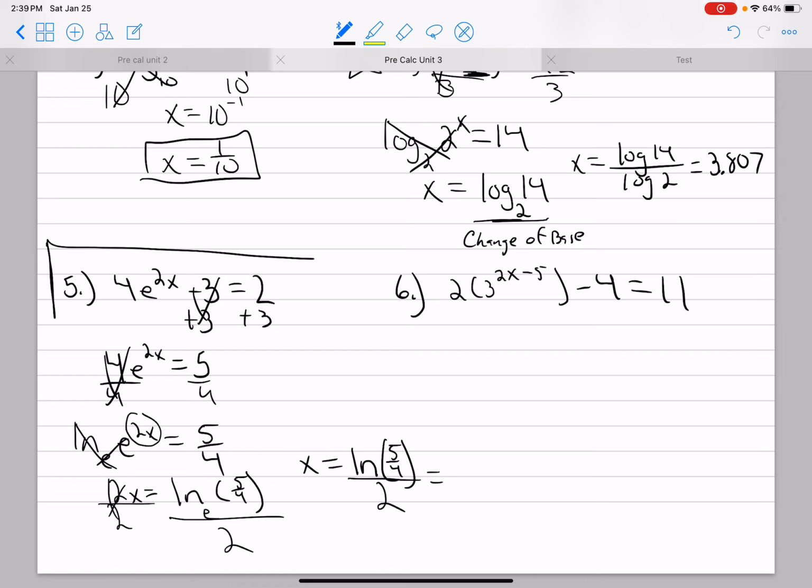So let's do the ln of 5 divided by 4. That is that number. And I'm going to take that and divide it by 2. And I get 0.1115. x equals 0.1115.